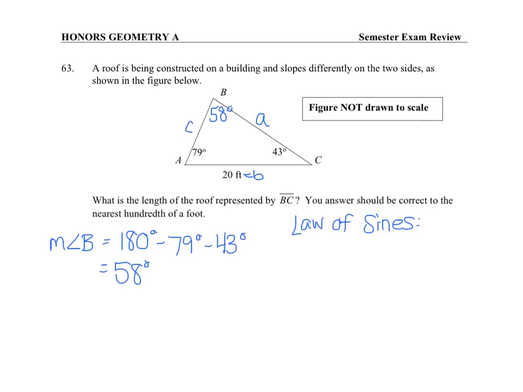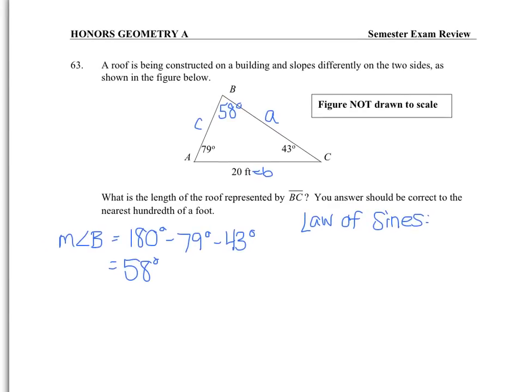Since I know side B and angle B, I'm going to use that. So I'm going to use sine of B over side B. And since I'm trying to find BC, which is across from A, I'm going to use the sine of angle A over side A. Well, sine of B is sine of 58 degrees over side B, which is 20 feet.